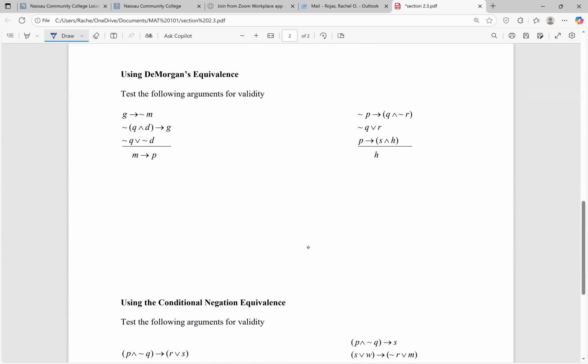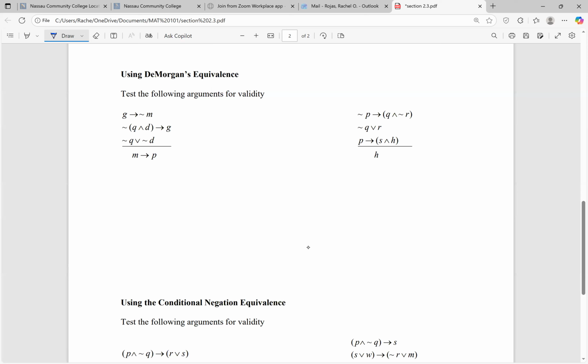It's also possible to use De Morgan's equivalence when we're testing an argument for validity. Let's write down De Morgan's as a reminder. We went over De Morgan's equivalence in the first chapter.